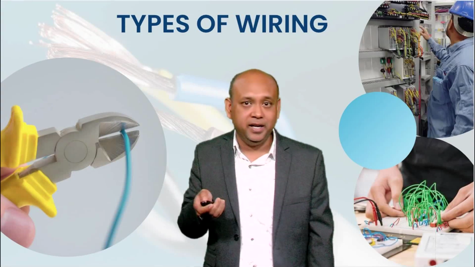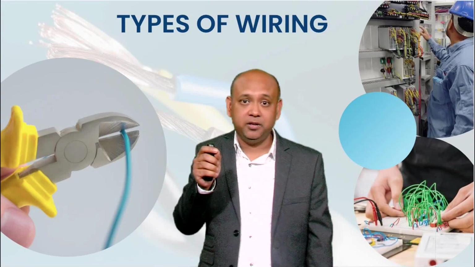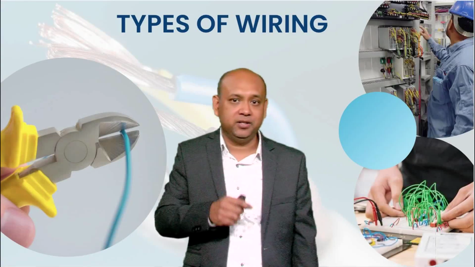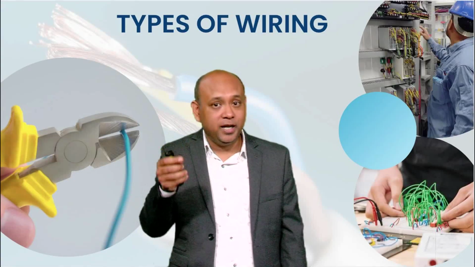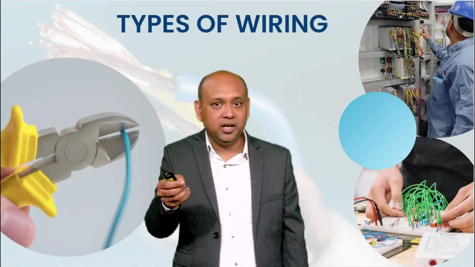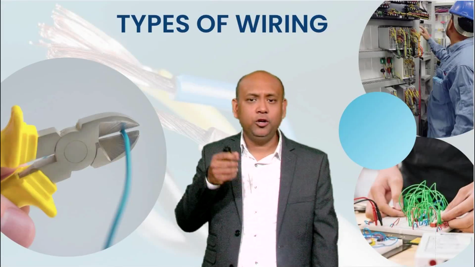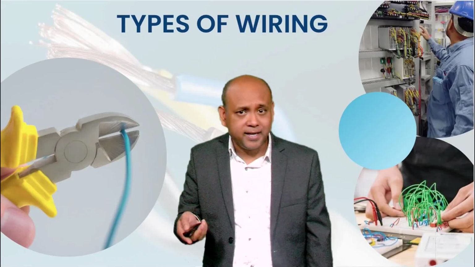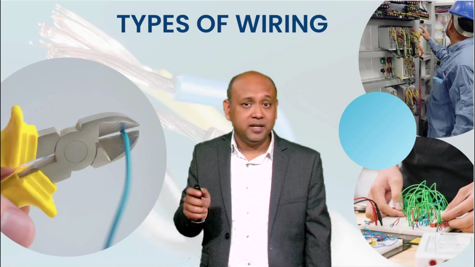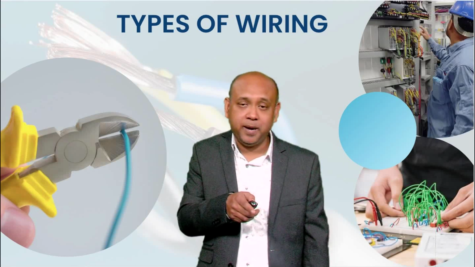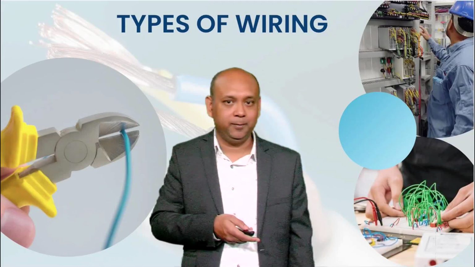This type of wiring provides excellent protection against mechanical damage, moisture, and fire hazards, making it suitable for industrial, commercial, and residential buildings. Although conduit wiring is more expensive and requires skilled installation, it offers a longer lifespan and ensures maximum safety.